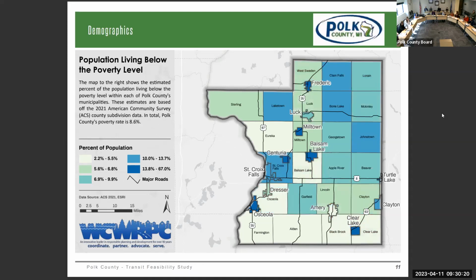The next slide would be people living below the poverty level. And you do see that in those areas. Although you do see particularly in the northeast section of the county, there's not a lot of green and white up there. So the aging populations in rural areas tend to start slipping below the poverty level.